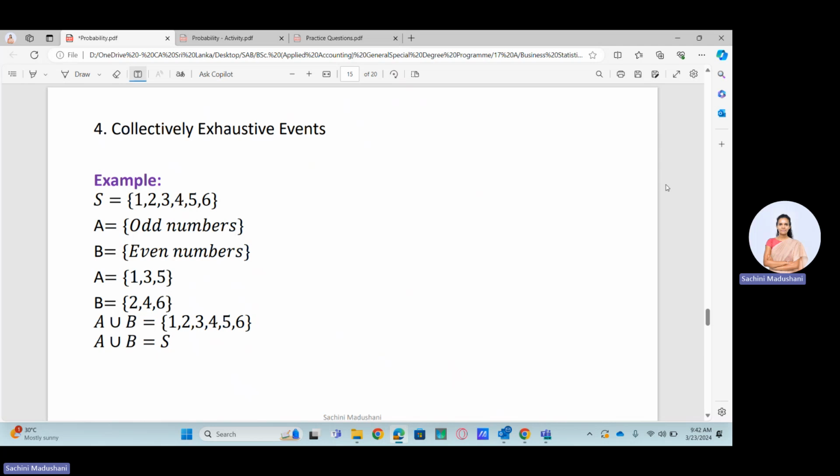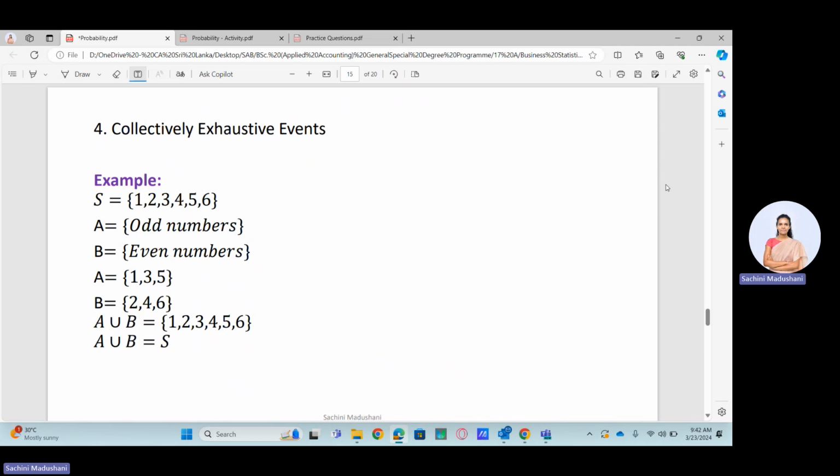What are the elements in A union B? 1, 2, 3, 4, 5, 6. What happened? The sample space and the union are the same. That we call collectively exhaustive. When the union is equal to our sample space, we call it collectively exhaustive.